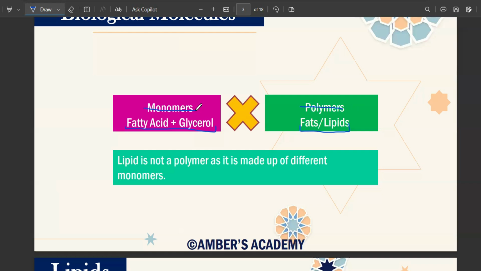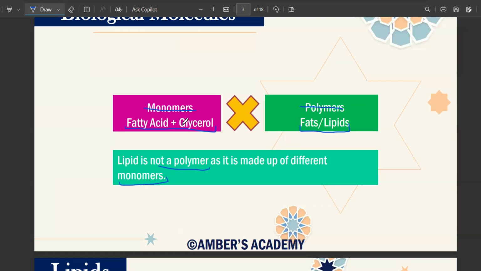But a macromolecule can be made up of different building blocks, like lipids. So lipids have two different building blocks, fatty acid and glycerol. This is why we say that a macromolecule is a large molecule and it has different building blocks. So lipid is not a polymer as it is made up of different monomers.